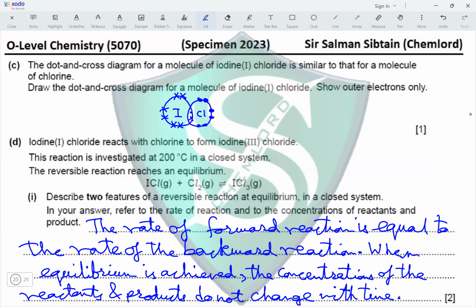And here we have included the rate of reaction as well as the concentration of the reactants and products in describing the features of a reversible reaction.